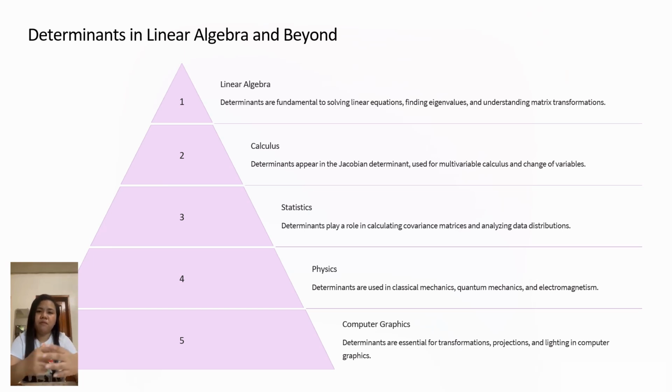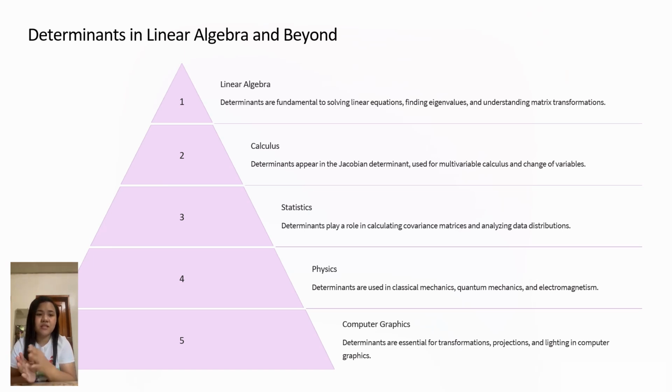Now we talk about the applications of determinants in computation. As you can see in the table, we have linear algebra, calculus, statistics, physics, and computer graphics. In linear algebra, determinants are fundamental to solving equations, finding eigenvalues, and understanding matrix transformations. In calculus, determinants appear in the Jacobian determinant under multivariable calculus and the change of variables.